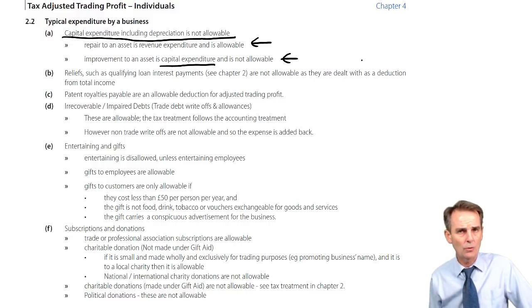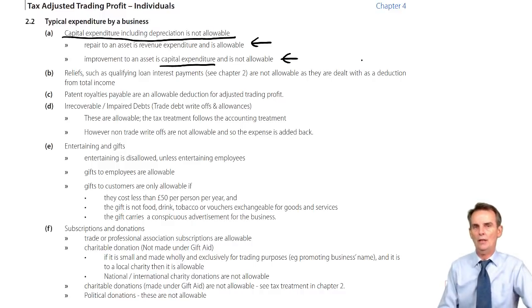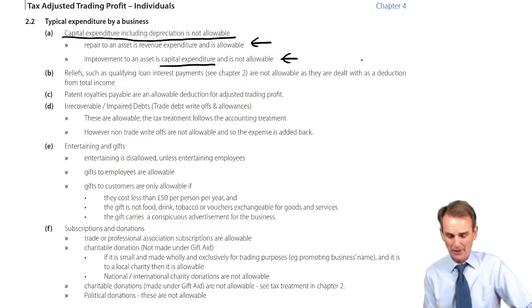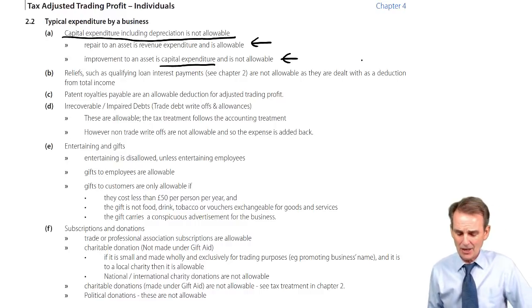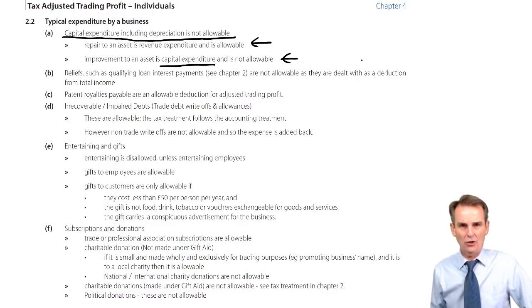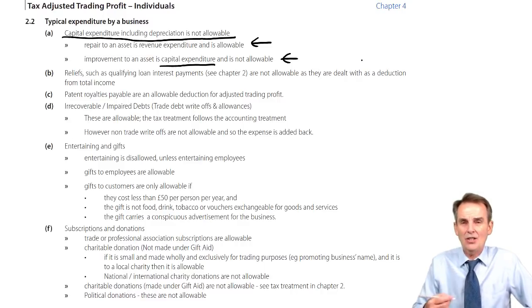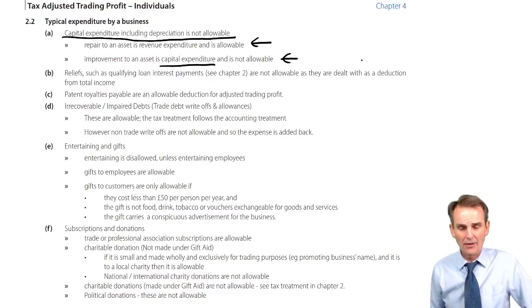Capital allowances, as you will discover, are only available on qualifying plant and machinery. So capital expenditure does not equal capital allowances. Qualifying capital expenditure equals capital allowances. But here, if debited in your statement of profit or loss is a capital expenditure amount, improving an asset, adding to an asset, then that is not allowed and will be added back.